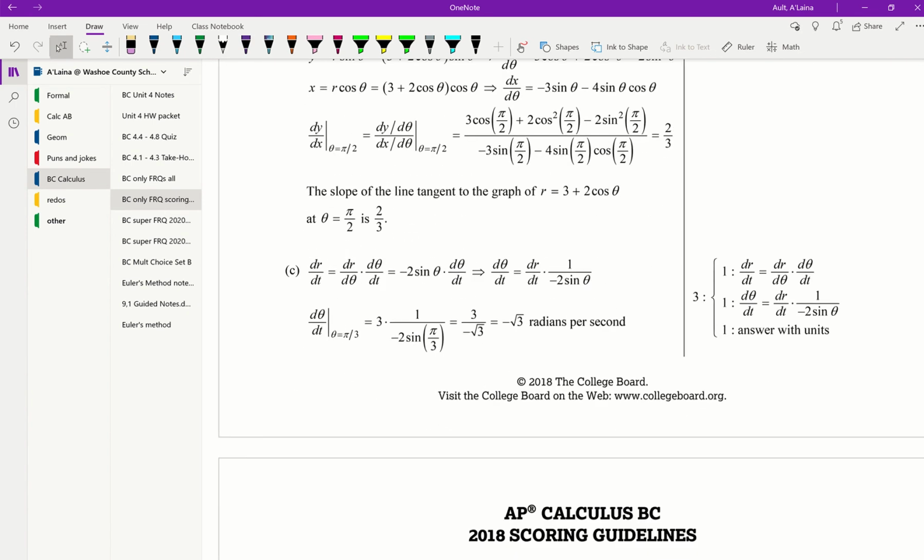Part C, they want us to, let's see. They did this one just a little bit differently than I did. I started more with the formula for R. They did some dimensional analysis to show that dr over dt could be found by doing dr over d theta times d theta over dt.